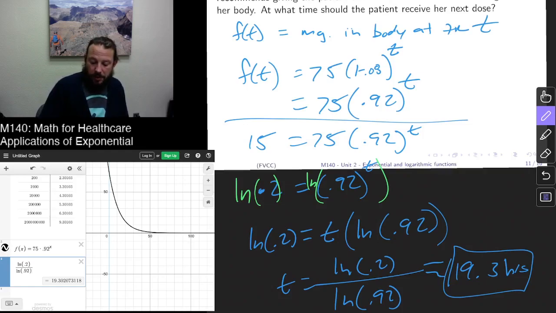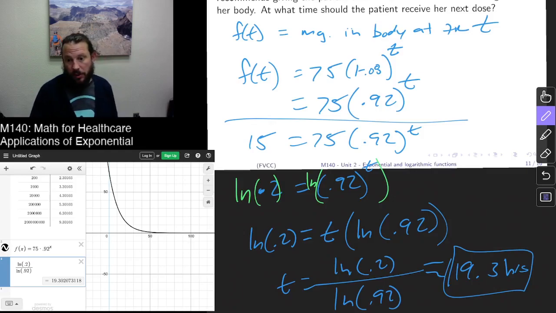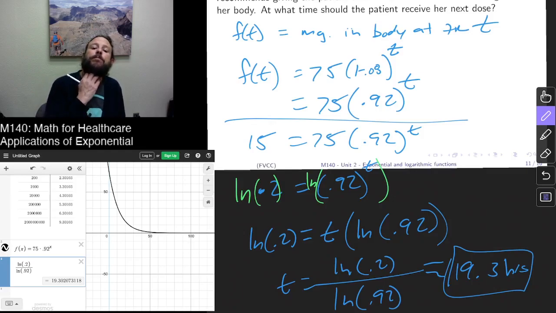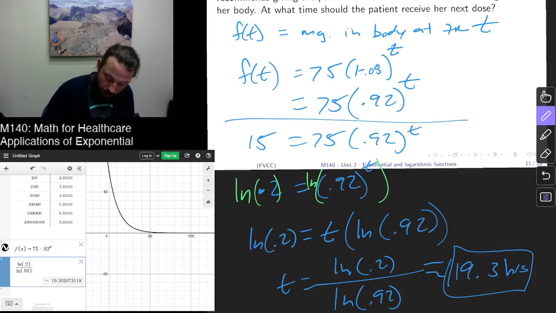When's that going to be? 24 hours later, one way to do it. Anyway, 10 a.m. plus 20, say, or plus 19, that's going to give me 29, which is about 5:20 a.m., okay?